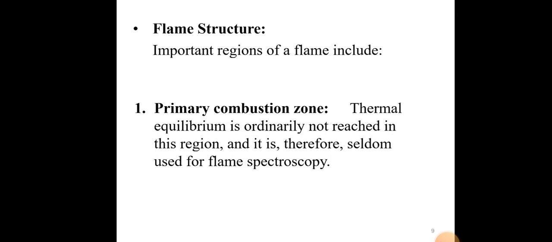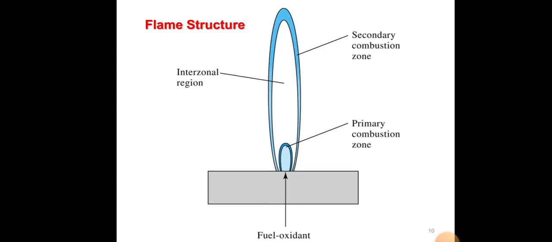The temperature in this region is not very high. Thermal equilibrium is ordinarily not reached in this region, and it is therefore seldom used for flame spectroscopy. In this picture, you can see the primary combustion zone in the lower part of the picture.